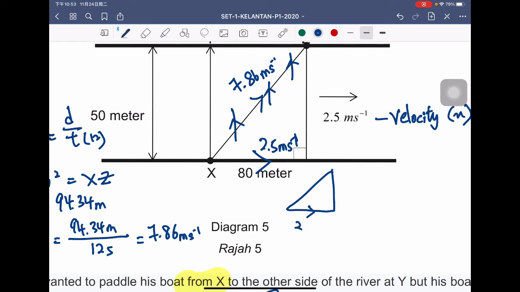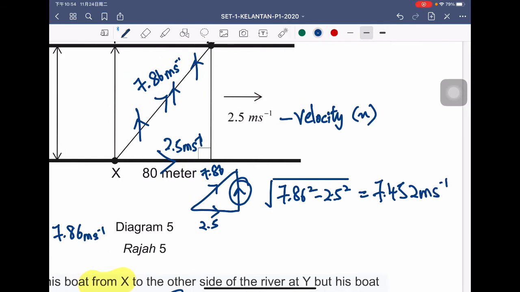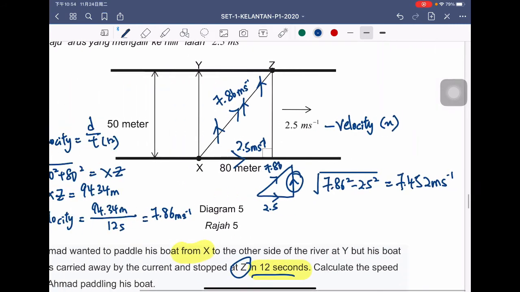Here is 2.5 and here is 7.86, and now we need to find the velocity here. So we use the theorem of Pythagoras: 7.86 squared minus 2.5 squared. Then you take the square root, and the answer will be 7.452 meters per second. Okay, so this will be the answer.